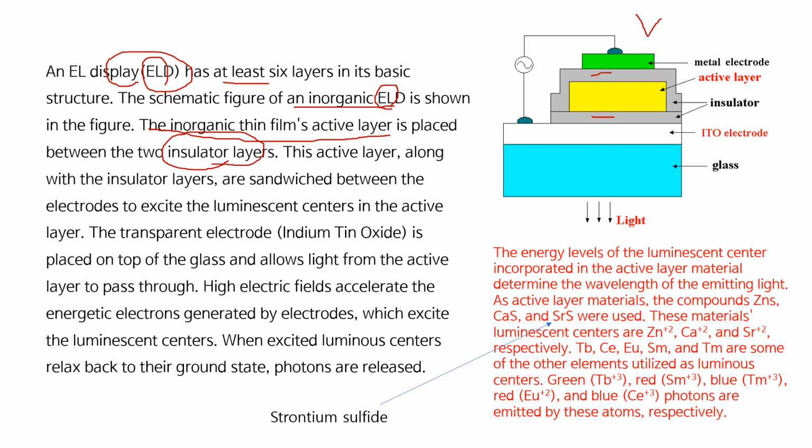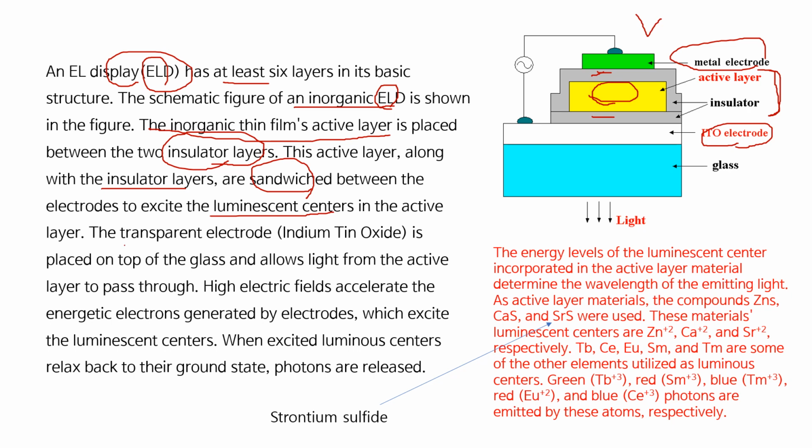This active layer, along with the insulator layers, is sandwiched between the electrodes to excite the luminescent centers in the active layer. So this ITO electrode and the metal electrode: this active layer and the insulators are sandwiched between two electrodes.